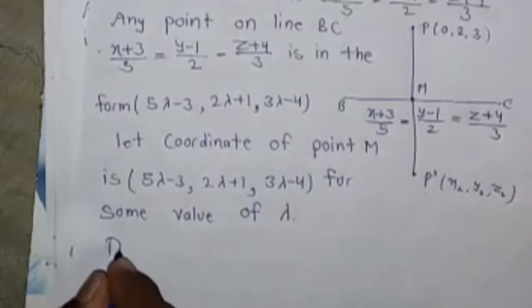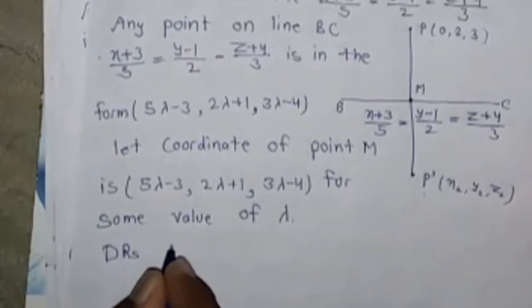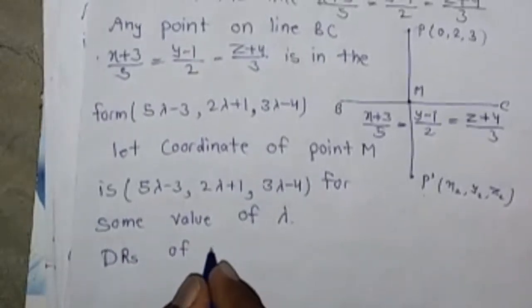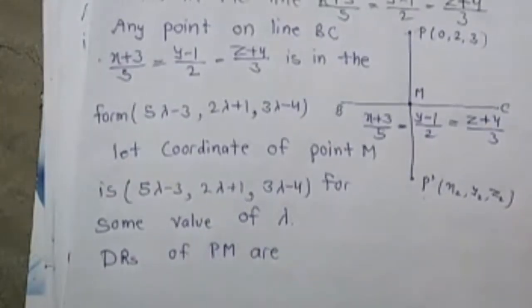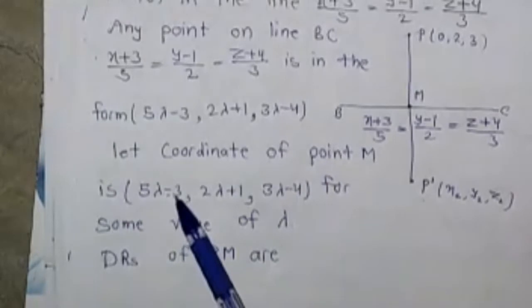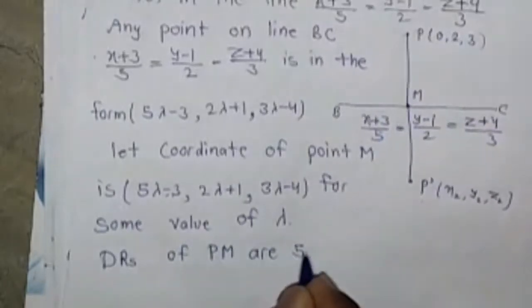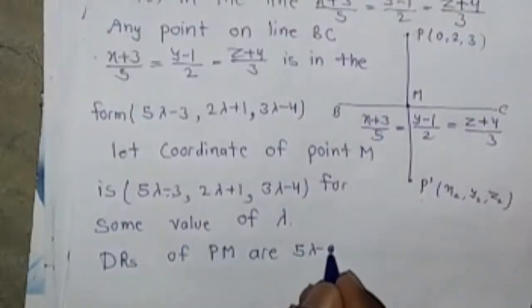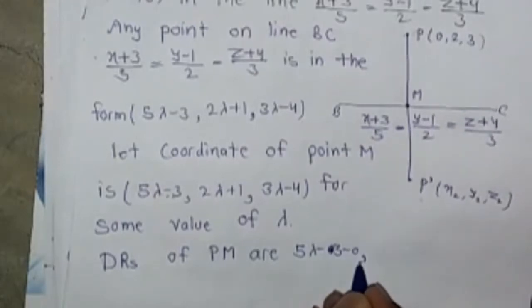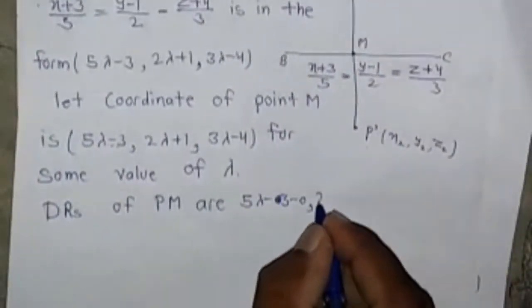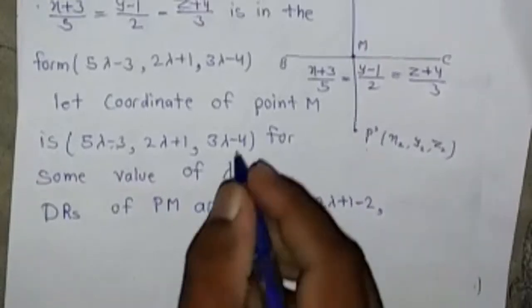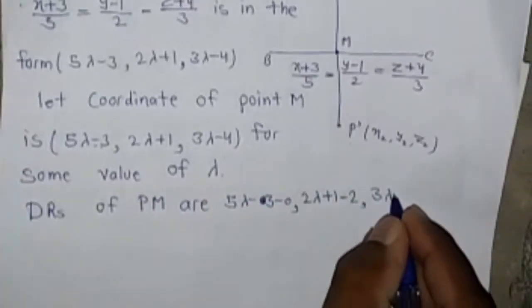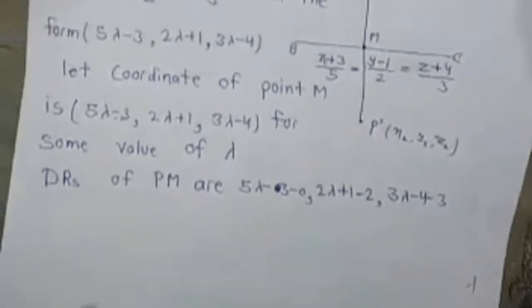Then direction ratio of PM are x2 minus x1, means 5 lambda minus 3 minus 0, y2 minus y1 means 2 lambda plus 1 minus 2, and z2 minus z1 means 3 lambda minus 4 minus 3.